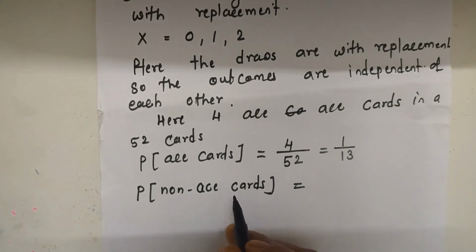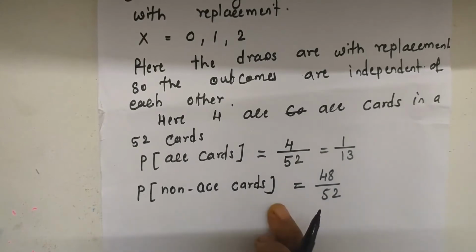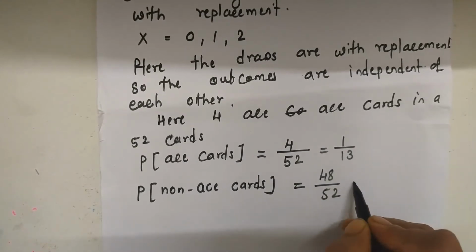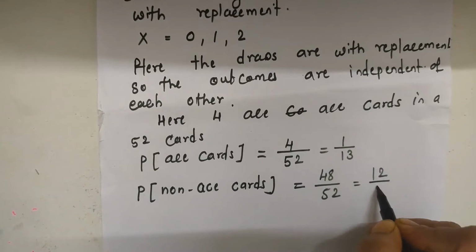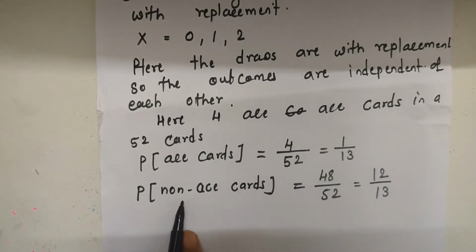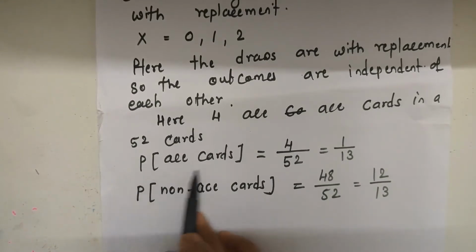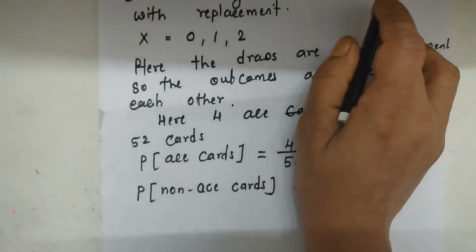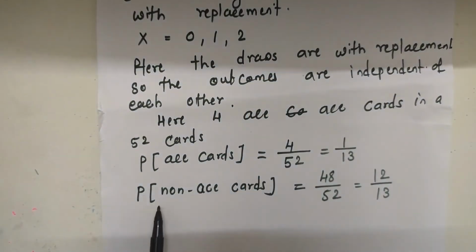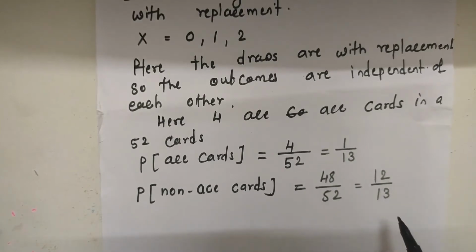All non-ace cards are 48 upon 52, so the probability of a non-ace card is 48 upon 52, that is 12 by 13. This is the probability of failure and the other is the probability of success, because the success is the number of ace cards, and the probability of failure, meaning the probability of a non-ace card, is 12 by 13.